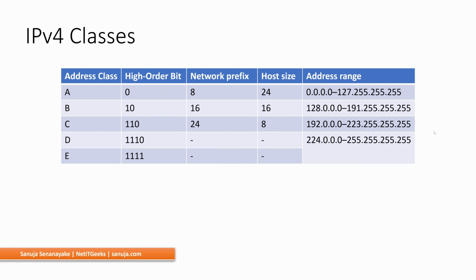In most situations, what I have seen is that most homes and networks use class C addresses, which range within the range shown right here. This is basically an overview of IPv4.